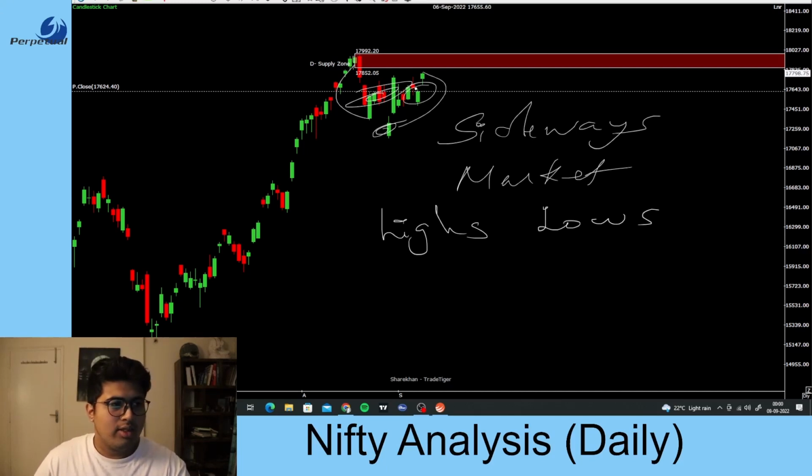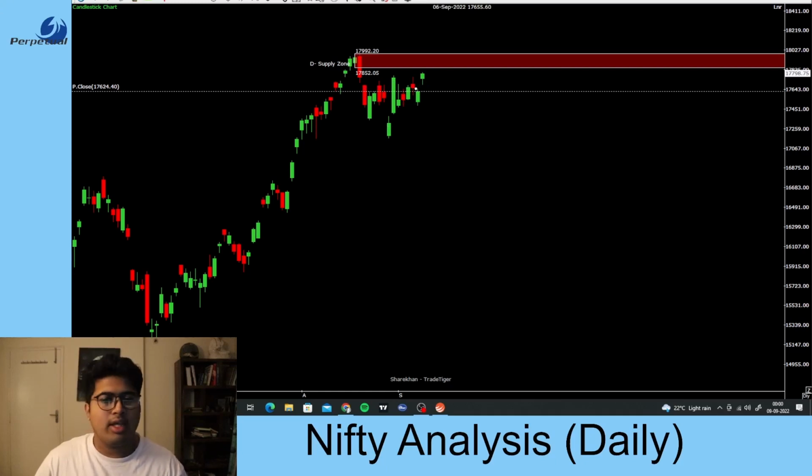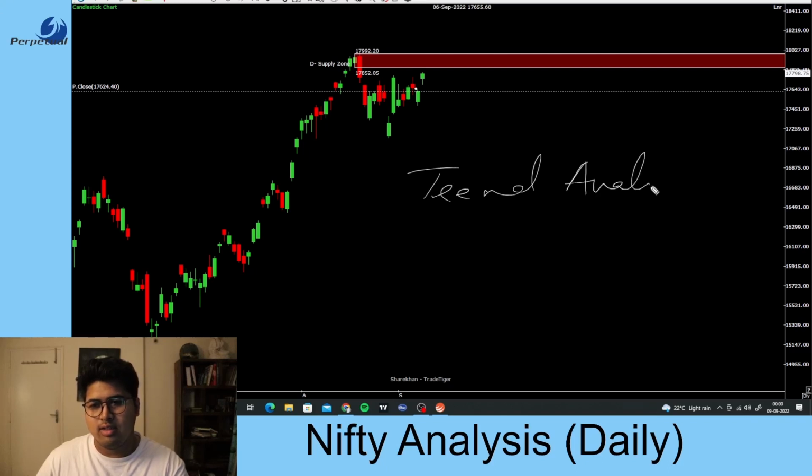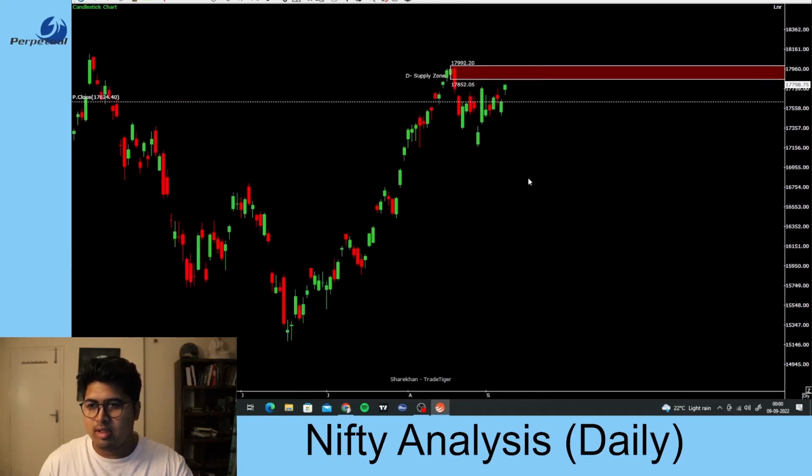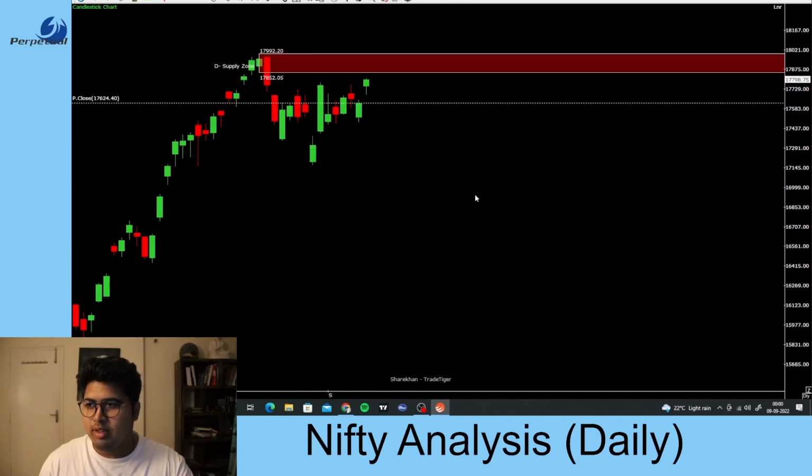So that is one very important thing that we saw. Our trend analysis part is done. Yes, so let's get that out of the way. Now we'll see what kind of zones are getting formed, right? Let me start off with this zone that I've already marked, and this is a pretty prominent zone.